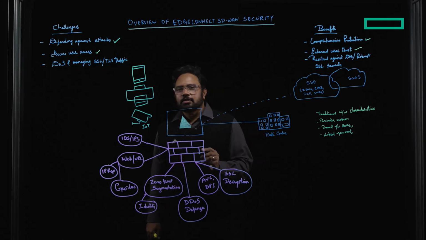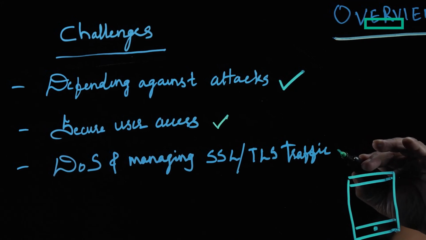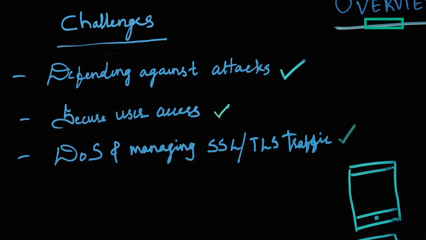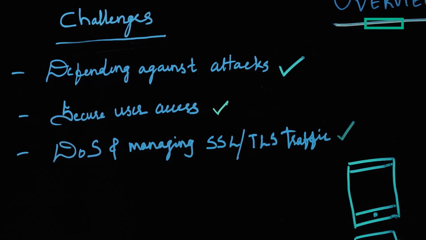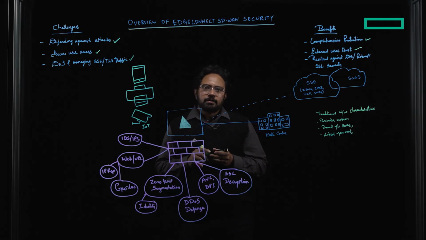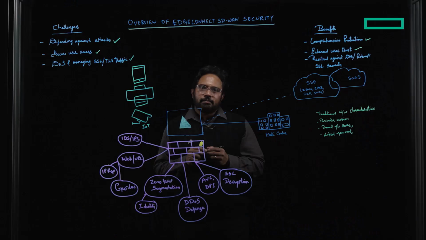Now let's get to the last challenge, which is managing the DoS attacks and managing the SSL traffic and the TLS vulnerabilities. We are talking about DoS, or denial of service attacks, through some built-in profiles that help you detect traffic variations based on the thresholds that you set.